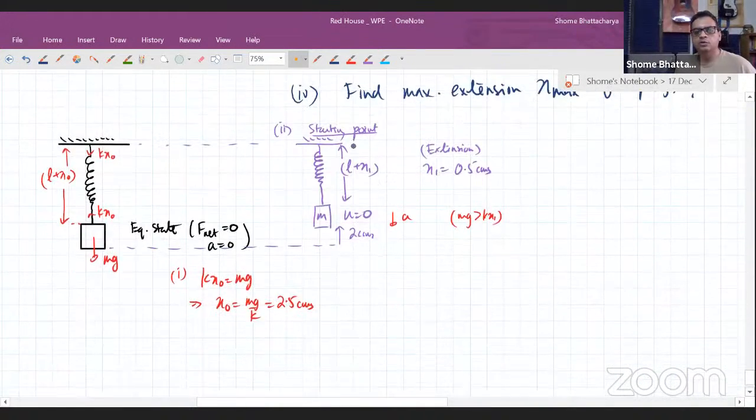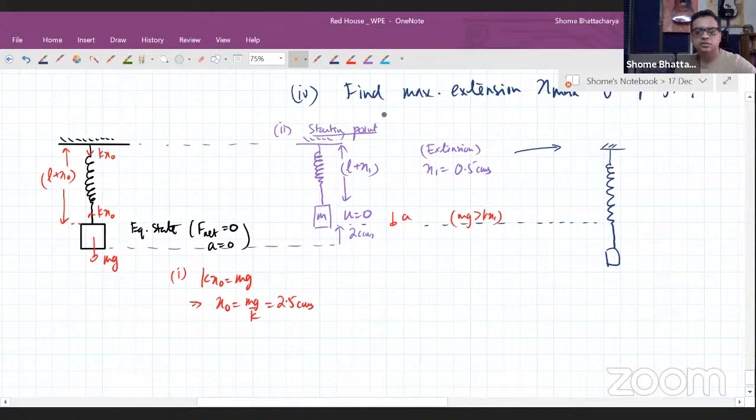So as the block now goes from here to this state, actually it will be a little bit above this, because the extension of the spring is going to 2 centimeters. The block will be somewhere here, let's say.